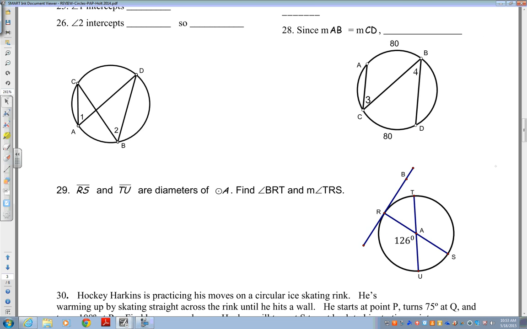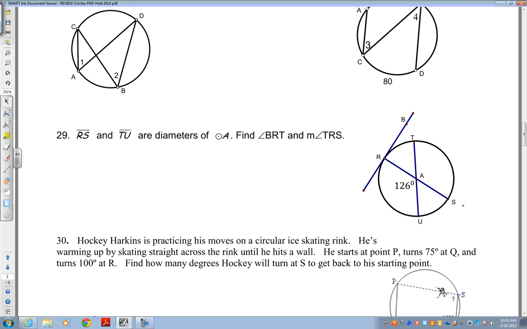Okay. Remember the tangent is perpendicular to a radius. So, remember that. I know they haven't drawn this, but that is 90 degrees right there. But you should be able to find this angle. Yes, because they're supplementary. So, this is a central angle.